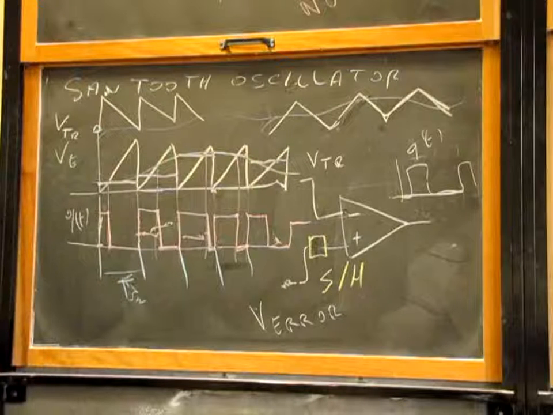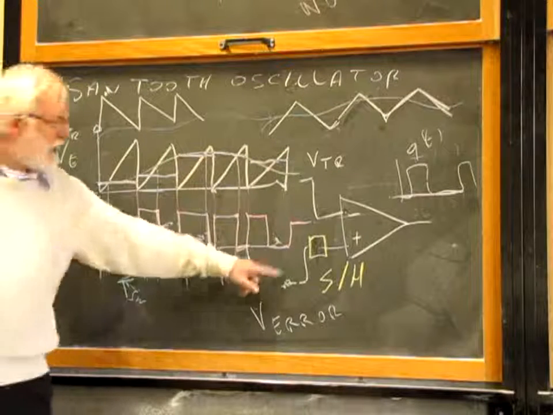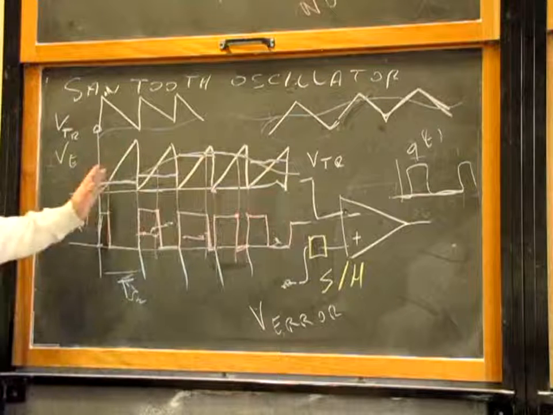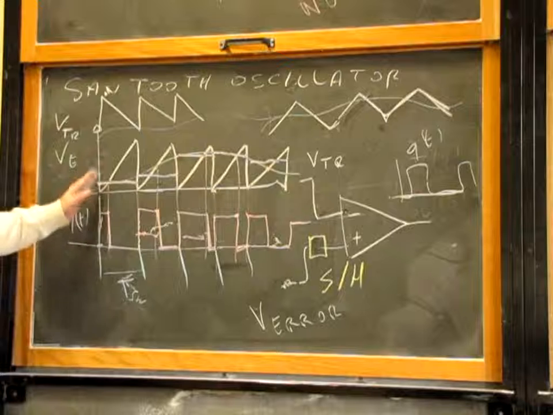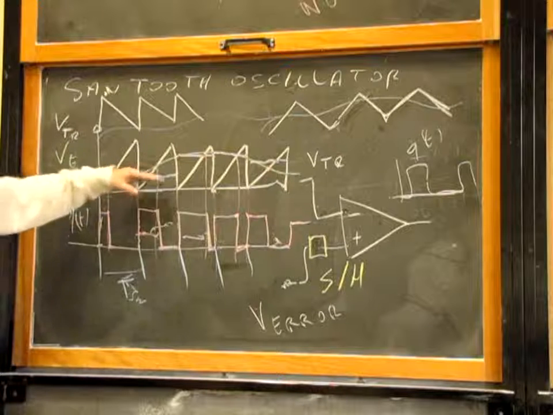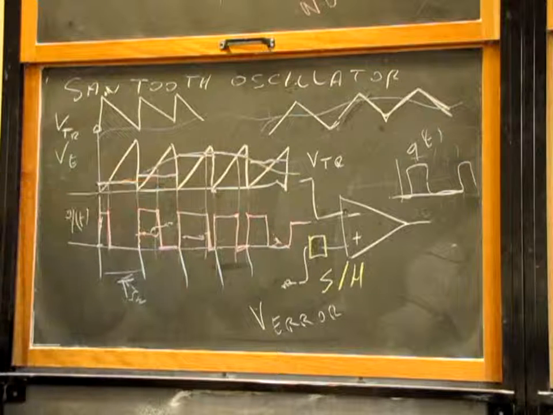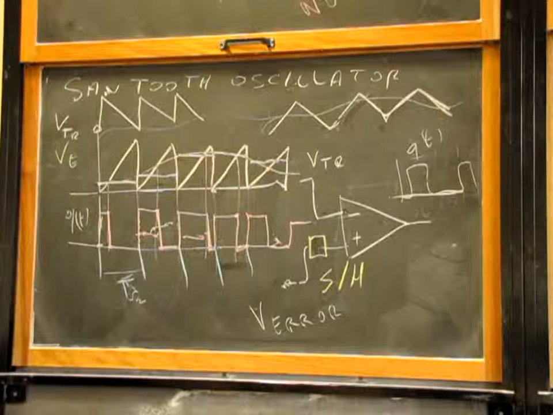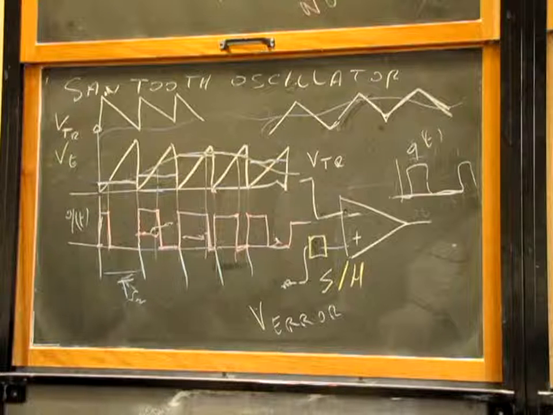Instead of comparing directly the error signal with the sawtooth, you are comparing the frozen version of the error signal at the beginning of your cycle, kept constant through all your cycle. It helps to reduce noise, but it generates a lot of trouble.